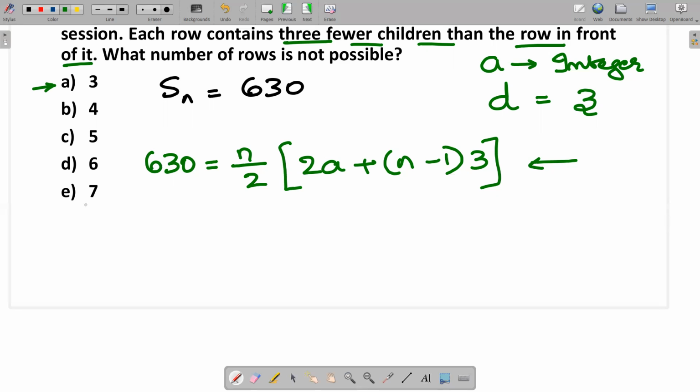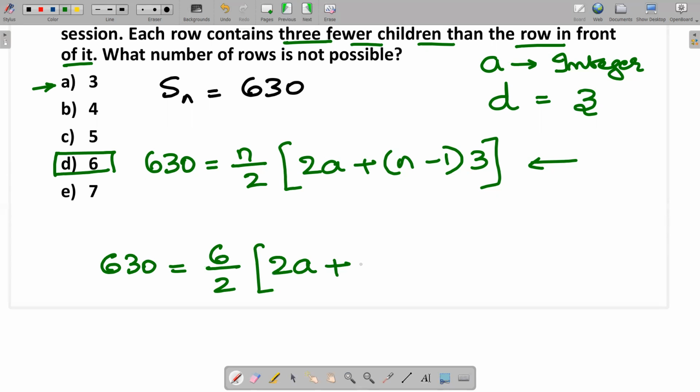So here, let's see what's going to happen if n equals 6. When n is equal to 6, we have 630 equals 6 by 2 into (2a plus 6 minus 1, that is 5). 5 into 3 is equal to 15.